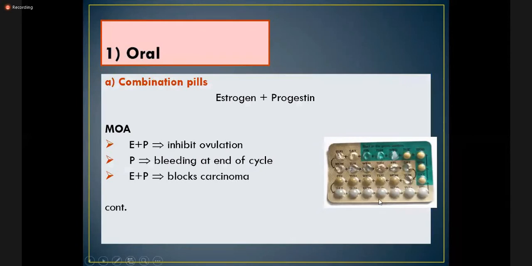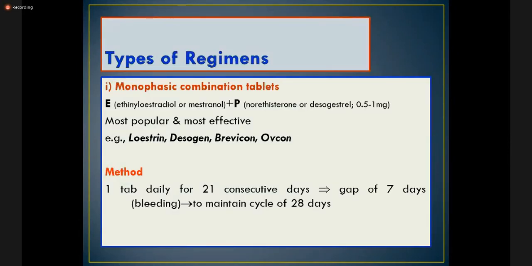If you see the strip of this monophasic yourself, you will find that they introduce blank tablets or placebo tablets, in which there is no estrogen or progesterone, because sometimes females are unable to remember how many days they haven't taken the tablet.